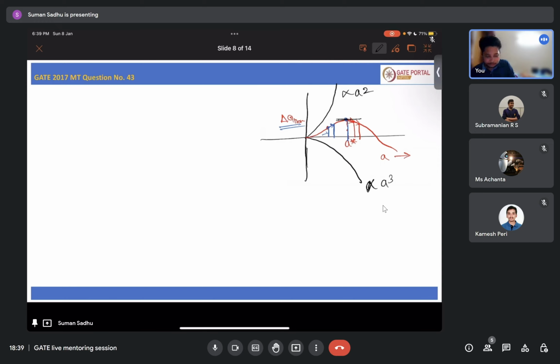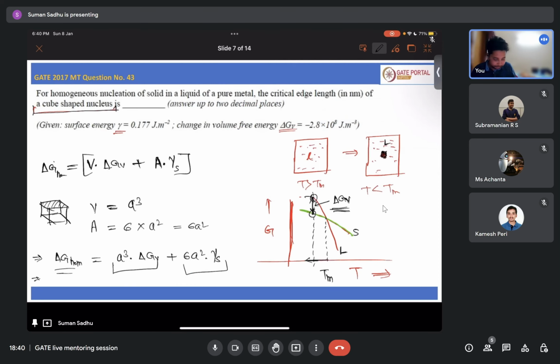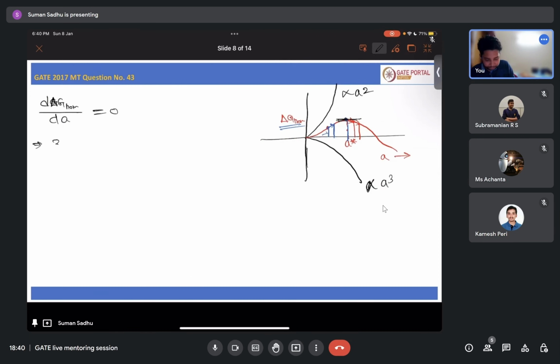For this you have to differentiate d of delta G homogeneous with respect to a, and it will be equal to 0 at this location, the critical size. So d of delta G homogeneous is 3a square delta GV plus 12a gamma equal to 0.